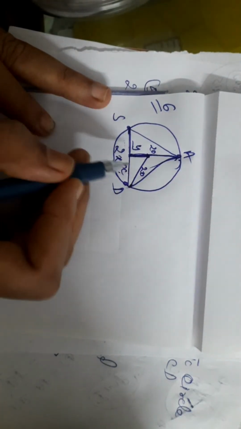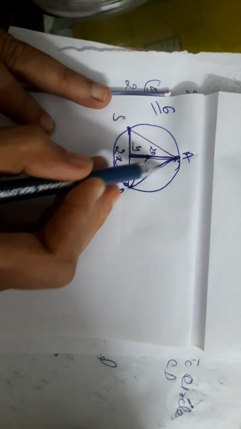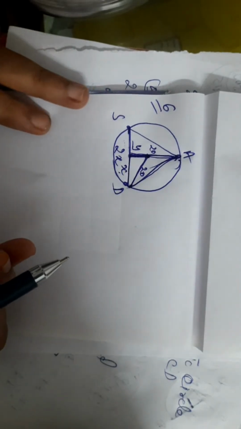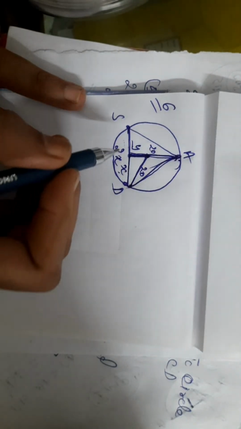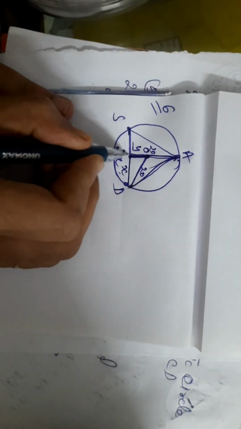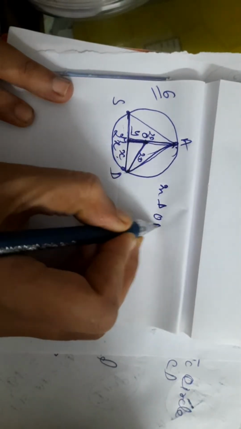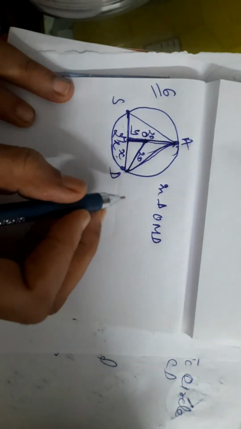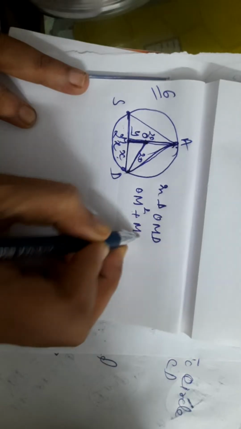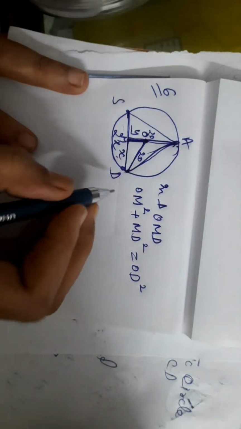Now we'll find this by using two triangles. Here again you can see that a bigger triangle is there and one more smaller triangle is there. We're going to compare both the triangles as we did in the earlier case. Let this be O and this be M. In triangle OMD, OM is perpendicular, MD is base, which will be equal to OD, which is hypotenuse.